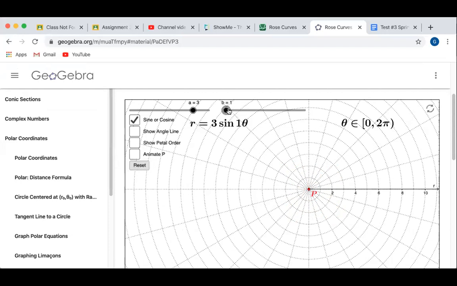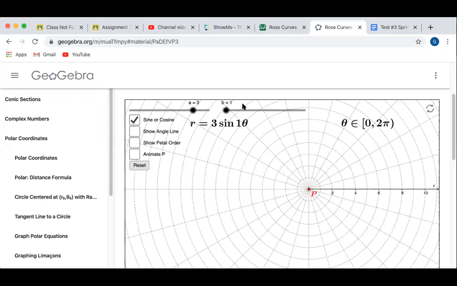Incidentally, if I make B1 and I do the same thing, animate, there's only 2 loops. There's the first one, and there's the second one that's upside down. That's the one that makes the perfect circle.